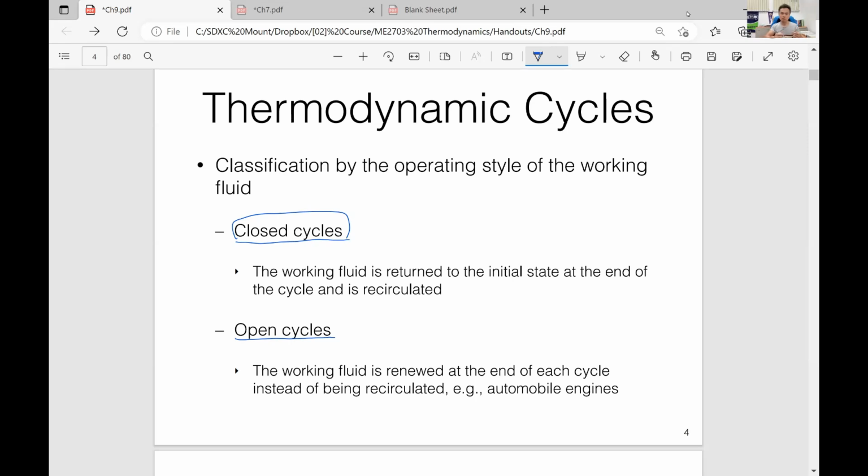But for open cycles, the working fluid is renewed at the end of each cycle instead of being recirculated. Just like automobile engines, car engines: for every thermodynamic cycle, the air-fuel mixture is expelled out of the engine and new air-fuel mixture comes into the engine to be burned. That kind of cycle is called an open cycle.